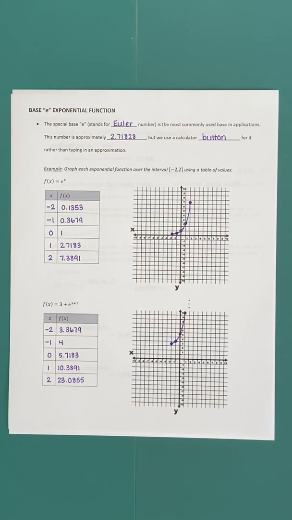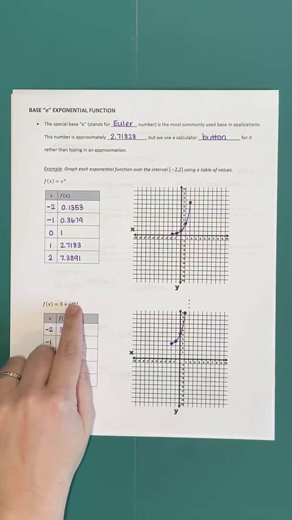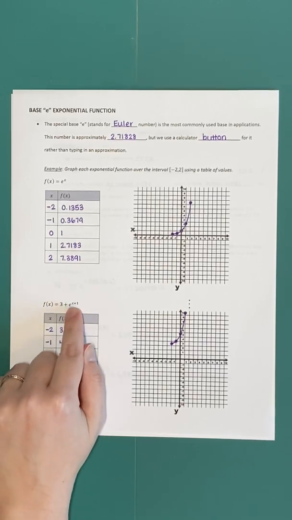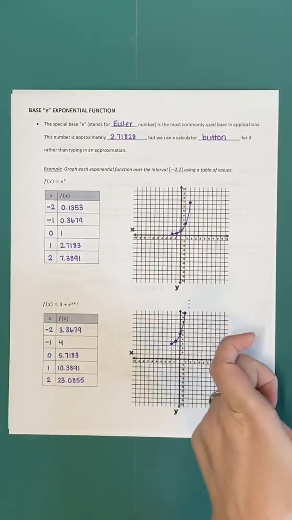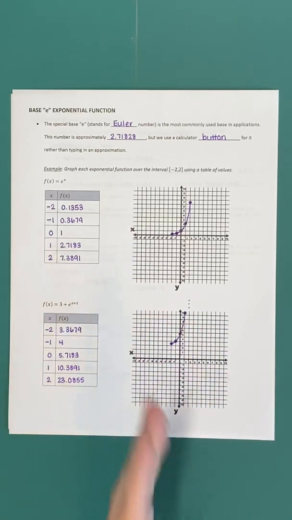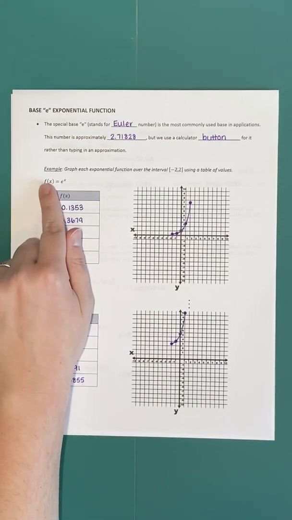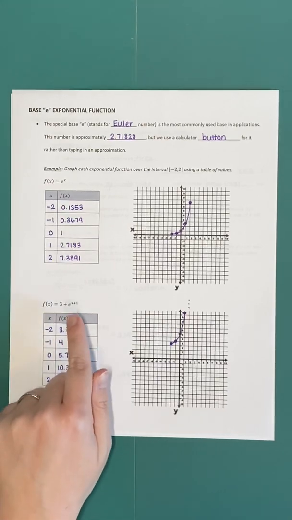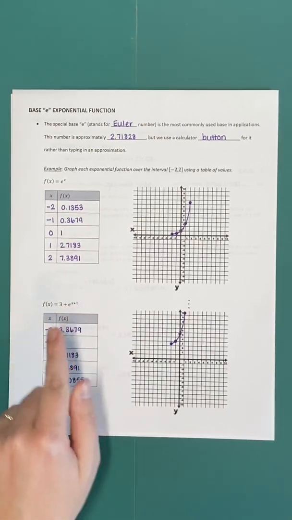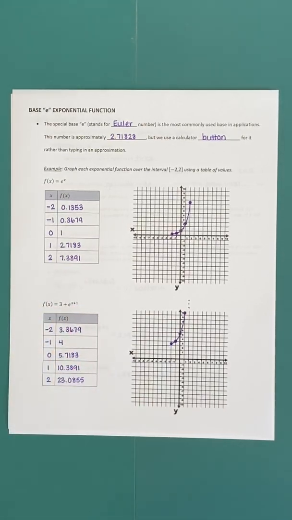Remember, x lies. So if this is shifting us horizontally, if we're adding, intuition says we're moving to the right. It's actually the opposite. If we're adding a 1, we're actually moving it to the left. So this particular function's graph takes the graph of e to the x and shifts it 1 unit to the left and then 3 units up.